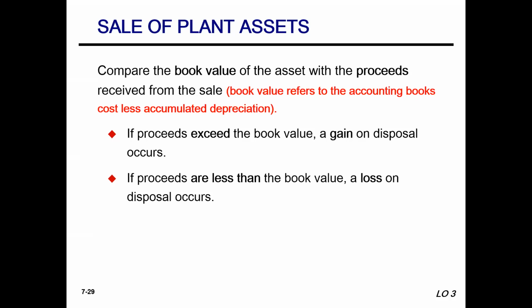The $20,000 difference between the 30 and the 50 is considered a loss on sale. So it reduces my income statement. It's an expense, it's a loss. It's not really a cash loss, it's just a recognition of the loss.